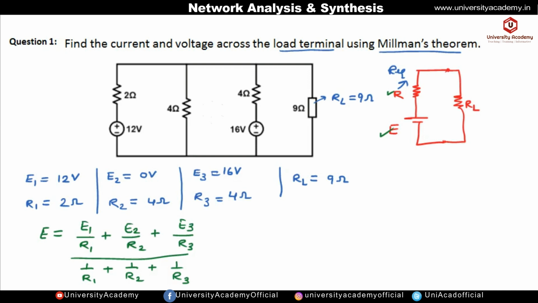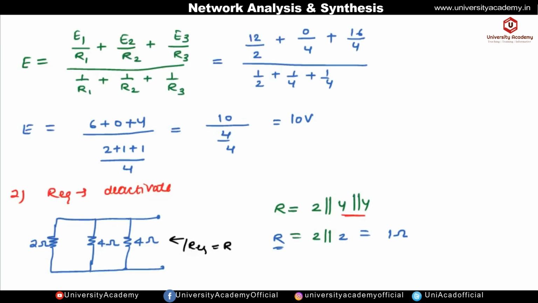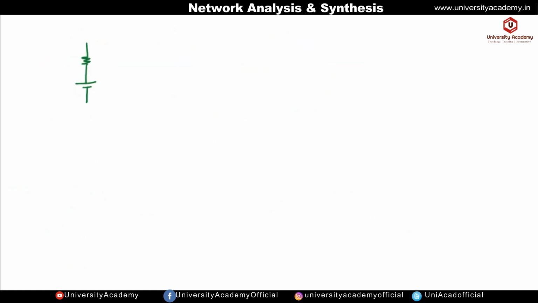So in this question we have to find the current and the voltage across the load terminal. So let us draw its equivalent circuit. The value of E we have obtained is 10 volt, and this is resistance R, so E is 10 volt and R is 1 ohm.